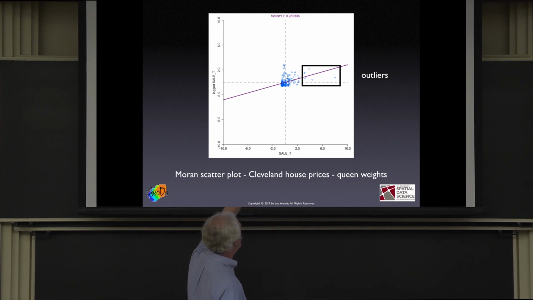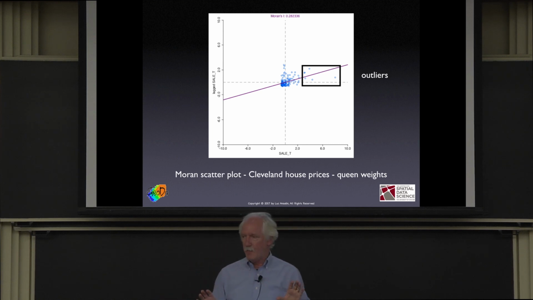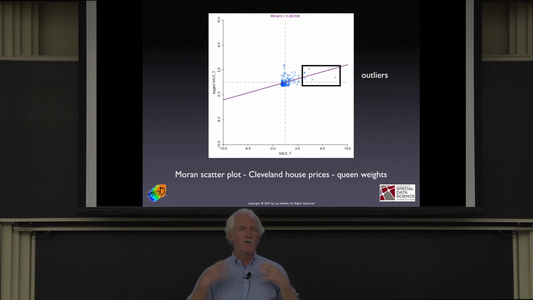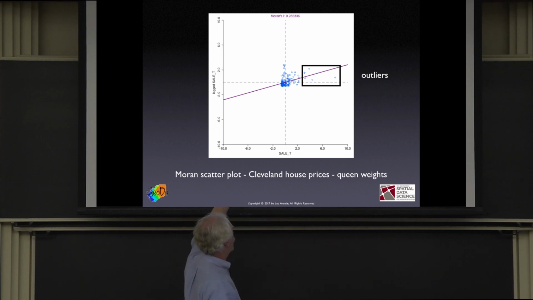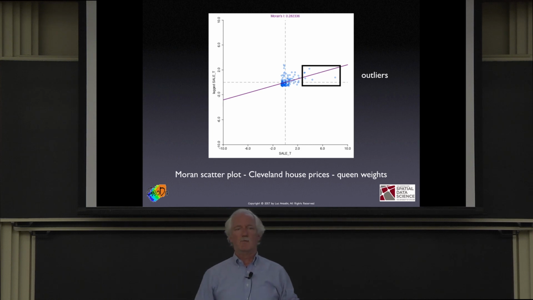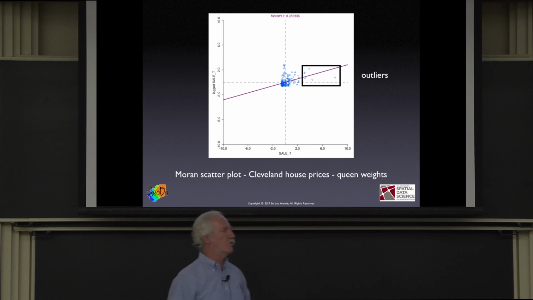So we center them on the middle, and then we think about categorizing the type of association into 4 quadrants. Two quadrants, top right and lower left, correspond to positive spatial autocorrelation, and the other ones correspond to negative spatial autocorrelation.